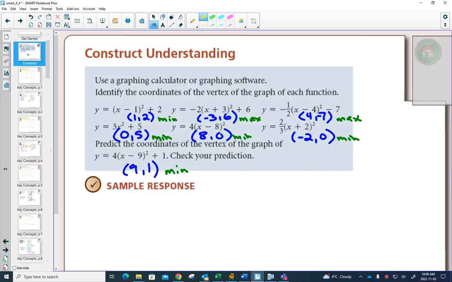Whereas if it's not negative, your parabola opens up, then your vertex would be a minimum. So we have 1, 2, 3, 4, 5 of these that have, I'm going to add that plus sign in front. You see that all of those ones are positive.